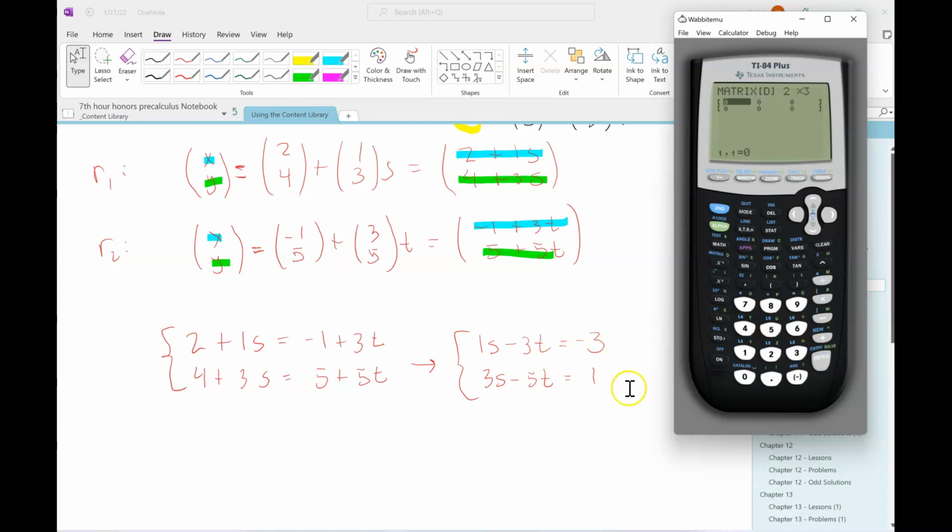And now the entries in my matrix are just going to be the coefficients from my system. So 1, and then -3, and then -3 again. And then we'll have +3. We'll have -5.